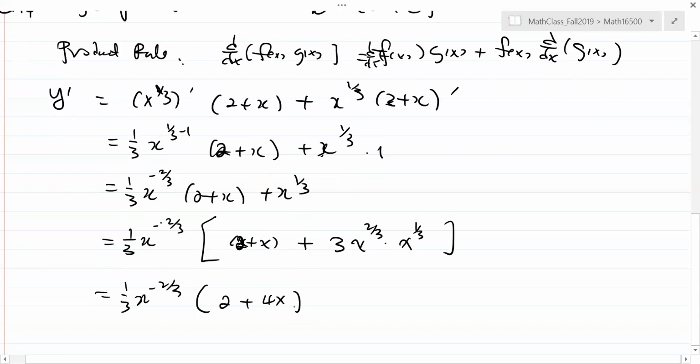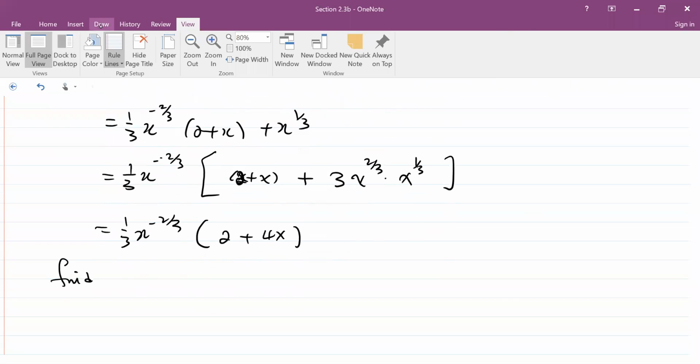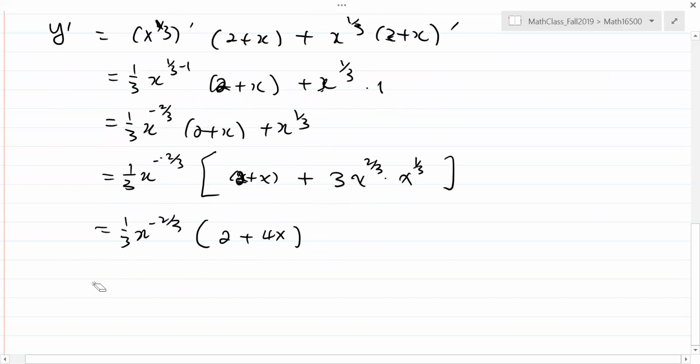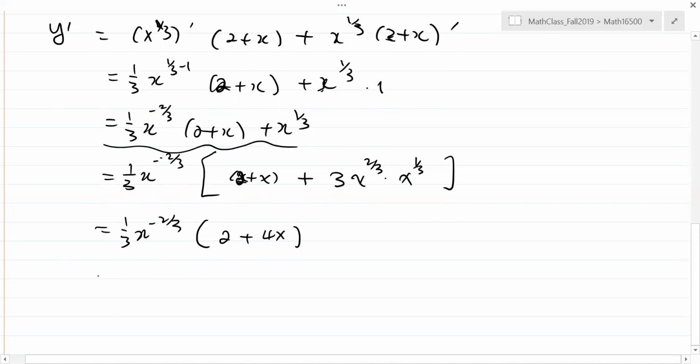Because if I want to find the zeros, so for y prime equals 0, right? Then you have to combine them. Otherwise, it's very difficult to find. If I ask you to solve this equation, you cannot just give me the above. For example, if I want to solve y prime equals 0, which form is better?